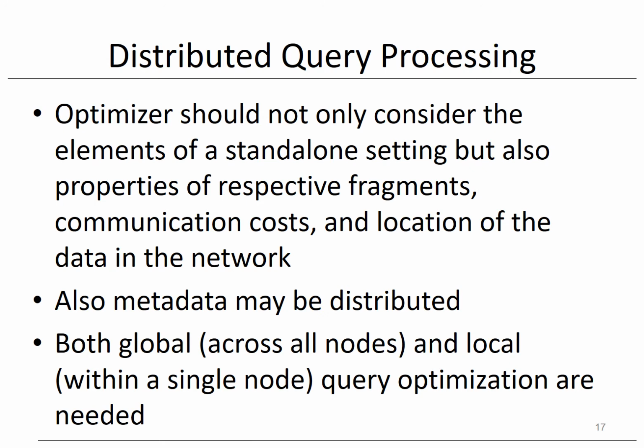Query optimization becomes even more complex if queries are to be executed on data distributed over multiple nodes or locations. Ideally, location and fragmentation transparency are guaranteed by the DBMS, but even then, the optimizer should not only consider the elements of a standalone setting, such as availability of indexes, sizes of the tables, statistics on data usage and query execution, but also the properties of the respective fragments, communication costs, and the location of the data in a network.